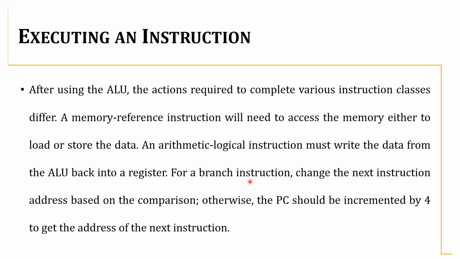So based on the comparison, we are changing the next instruction address in this step. Otherwise, the PC should be incremented by 4 to get the address of the next instruction. So it depends upon the type of the instruction class; the operations required in the fourth step differ.